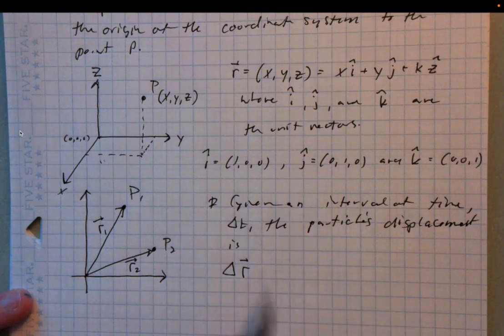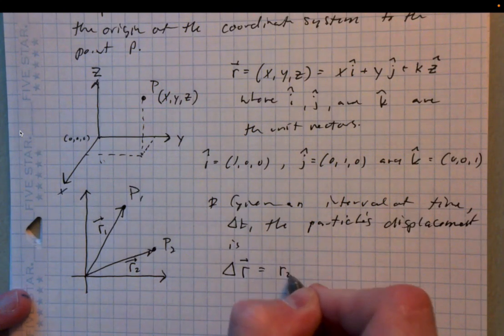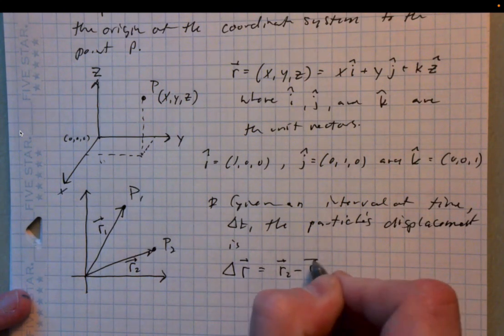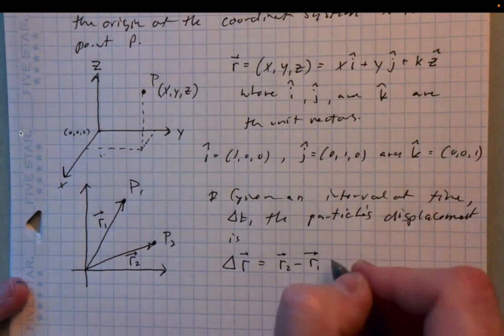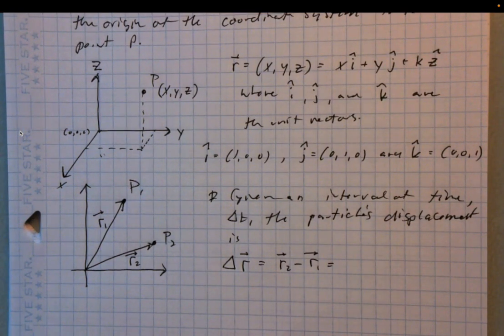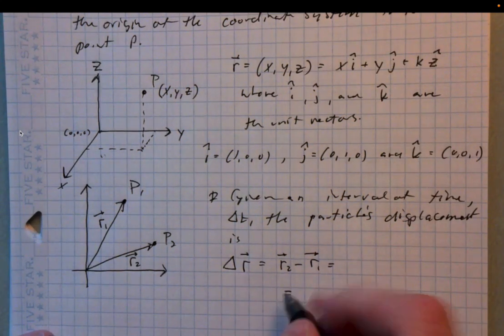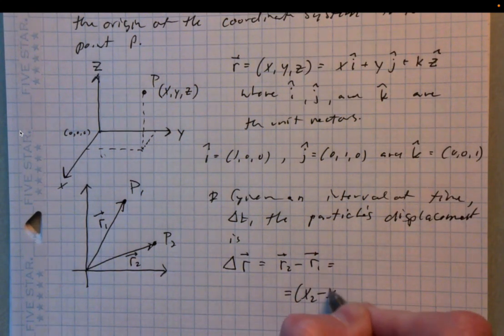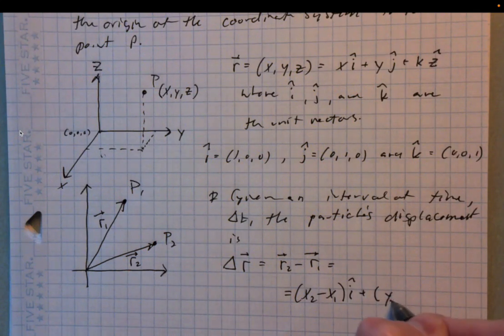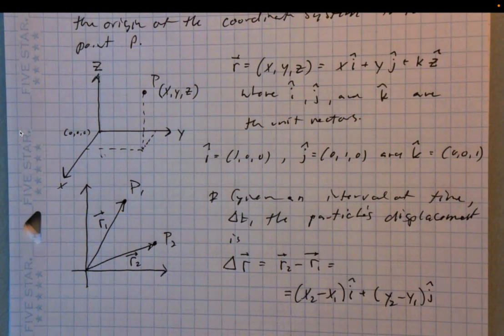And that's going to be a vector too, isn't it? It's basically the difference between R2 and R1. So R2 minus R1, which, if you think about what R2 and R1 are in two-dimensional space, is just going to be equal to x2 minus x1 times i hat plus y2 minus y1 times j hat. Okay, and so there's your displacement vector.